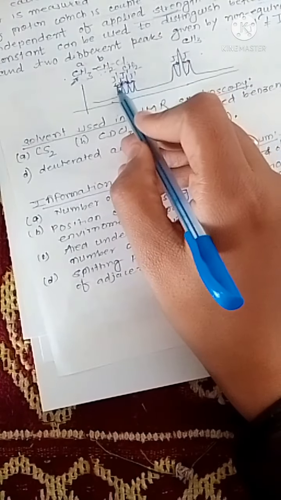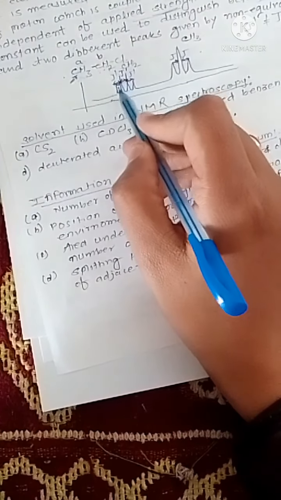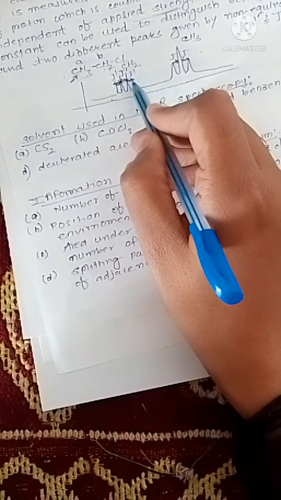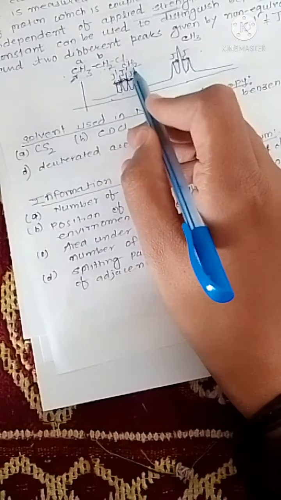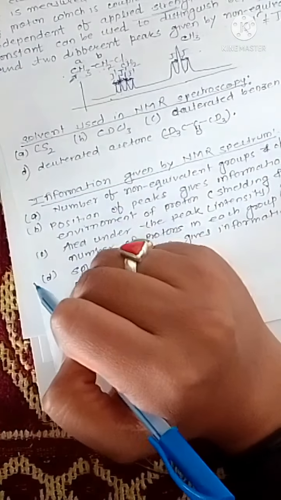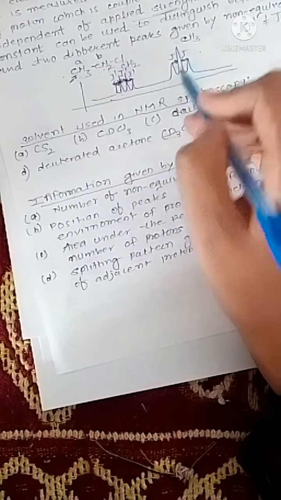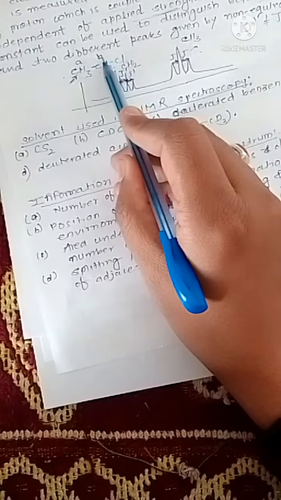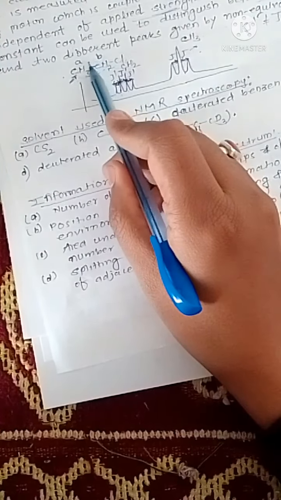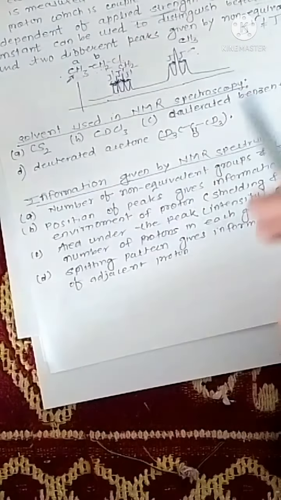If we measure the distance between two adjacent peaks in a multiplet, it comes out the same. Let it be denoted by J dash. The same thing happens in CH3; let it be denoted by J. These two are non-equivalent protons, Ha and Hb are non-equivalent. That's why J dash cannot equal J.